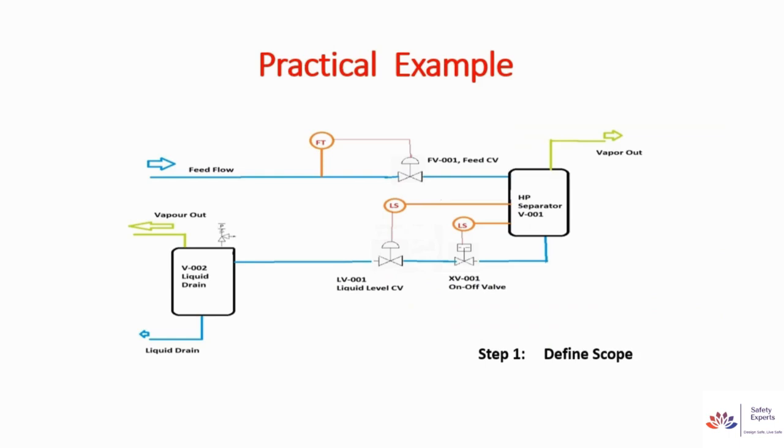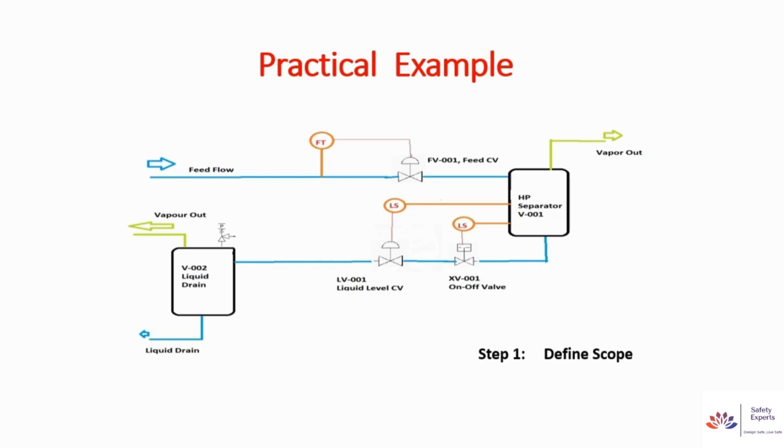Okay. Now we will take a practical example and try to understand how the HAZOP can be conducted. We'll be going through each of these steps discussed. So first, if you can see, the feed flow is... this is basically an HP separator.